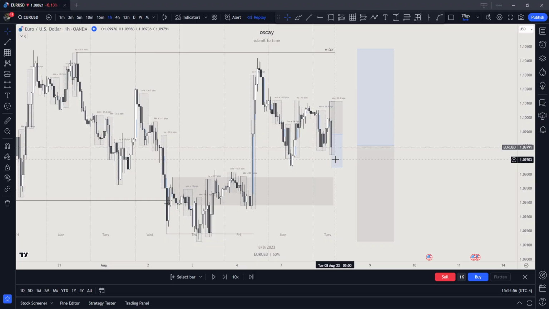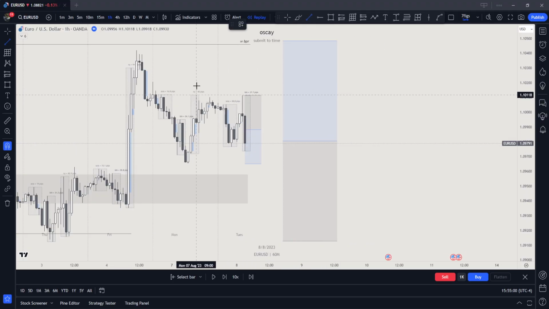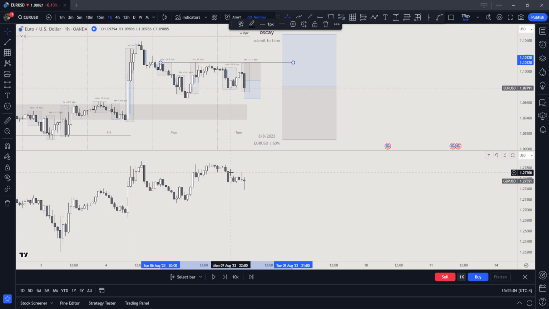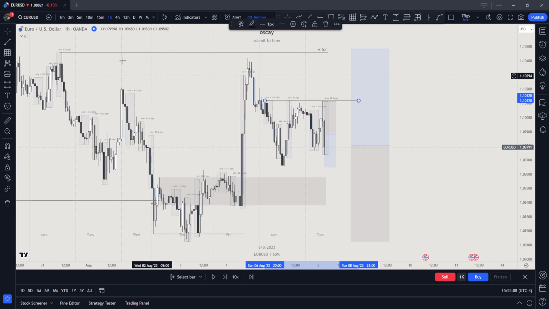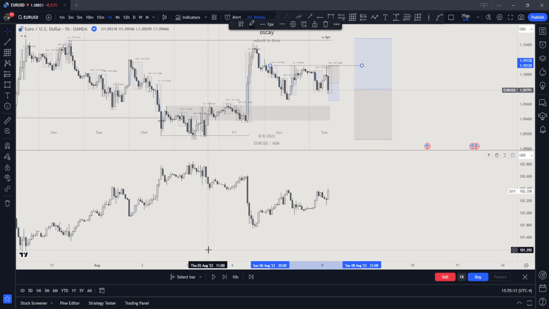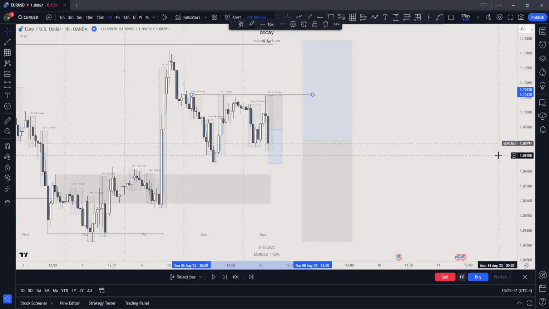We are in premium of the range. We have swept Asia highs. We have not swept London highs. We're just forcing at this point. Why?